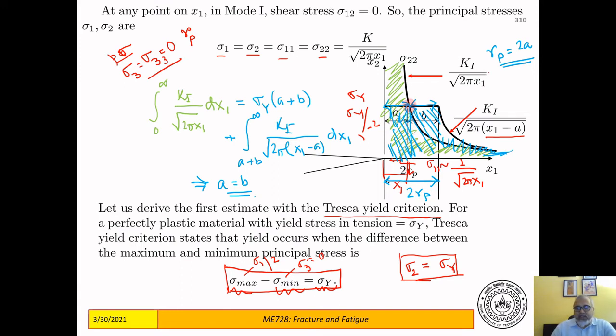RP is where the plastic solution cuts the elastic one, and 2RP is the total size of the plastic zone. Okay, so we will use this concept later.